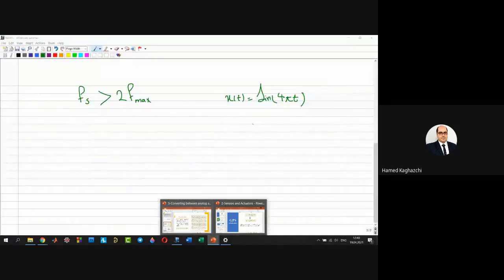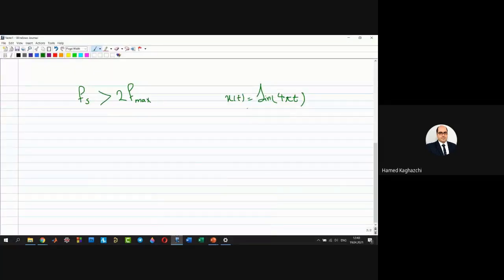So it means that f0 is 2 Hertz, which is equal to Fmax. Now, if my Fs is greater than 2 times 2, which means 4 Hertz, I will not have aliasing.